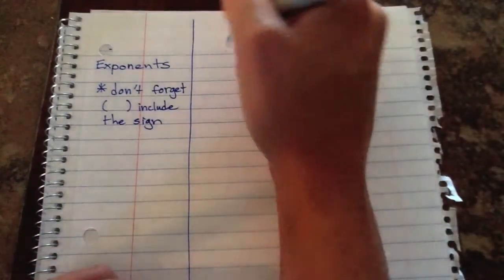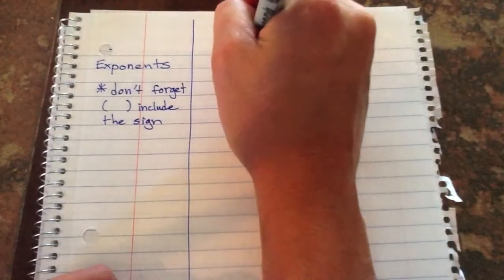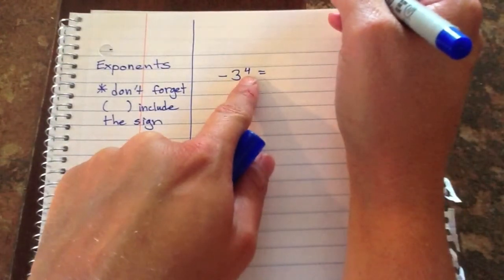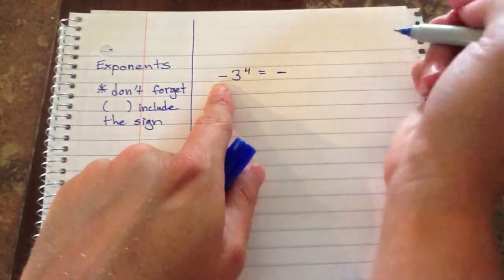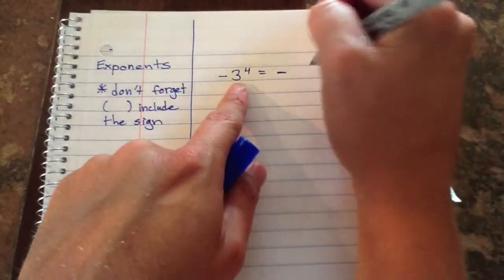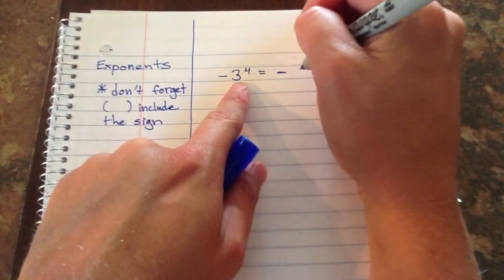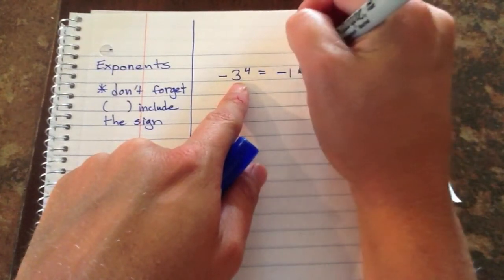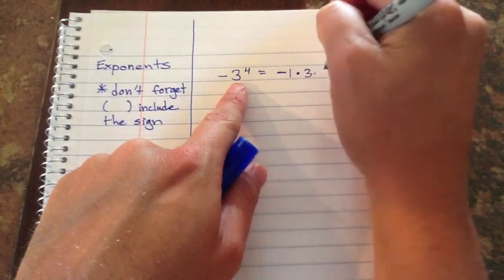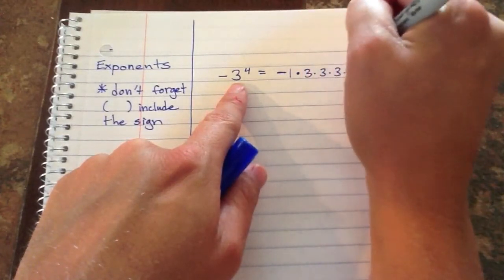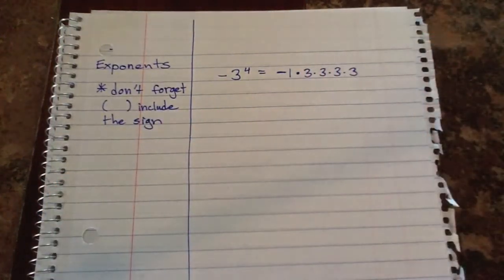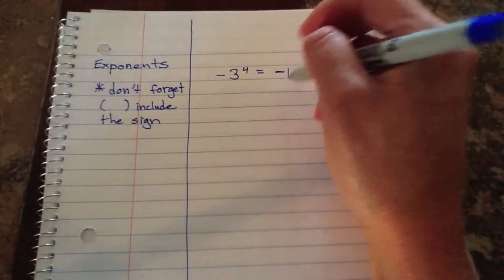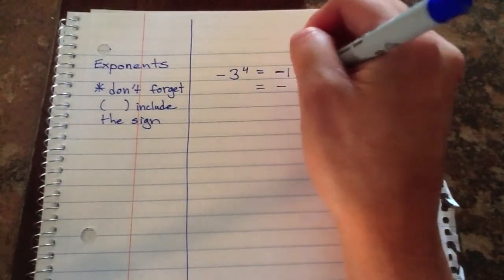So for example, if I had negative 3 to the 4th, remember, I'm not looking at the negative 4 times. It's just negative. Now I multiply 3 times 3 times 3 times 3. So if you want, you could put a 1 there, and then 1, 2, 3, 4 3s, if you're thinking about it that way. If I multiply 3 times 3 times 3 times 3, I end up with a negative 81.